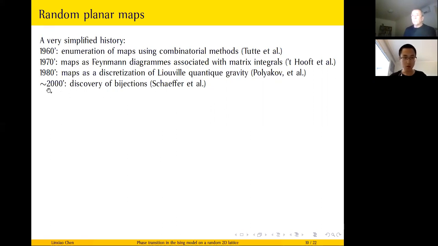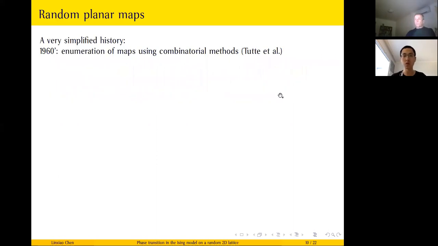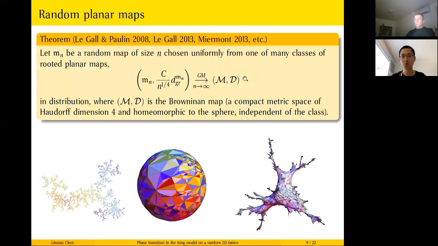And the 2000s saw the discovery of some bijections that encode planar maps by simpler objects such as trees, and this allowed people to study more geometric properties of these random graphs, which finally led to the construction of the Brownian map, which was the object in the previous limit result.